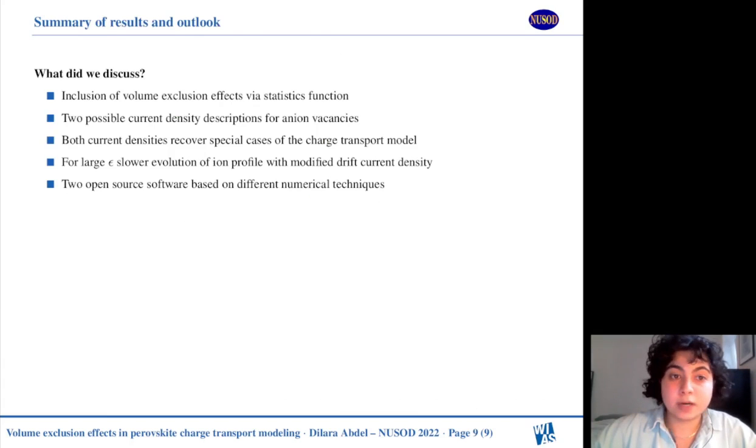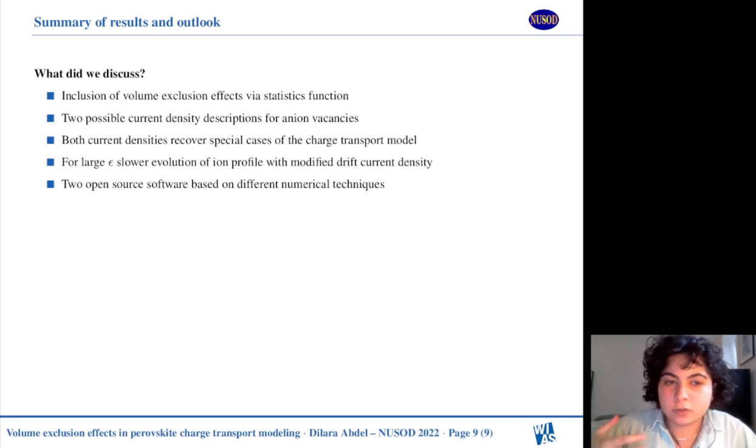Lastly, before ending this talk, let us shortly recap. We discussed how to include volume exclusion effects via the statistics function for ion migration. This results in two possible current density descriptions, which recover special cases of the charge transport model.